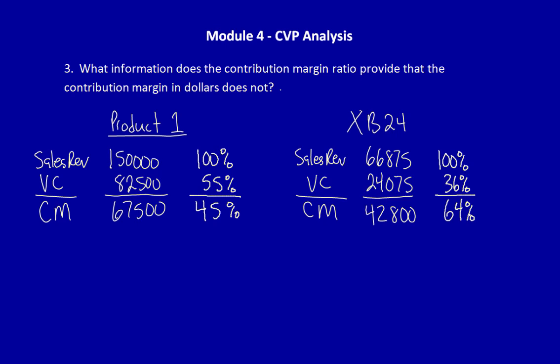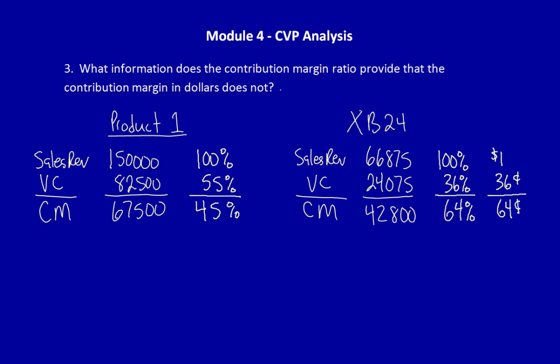Now, which product did you decide that we should continue to produce? Are you sure it should be product 1? Because when you look at product XB24, for every dollar of sales, we consume 36 cents in order to cover our variable costs. That means that we end up having 64 cents in our pocket.